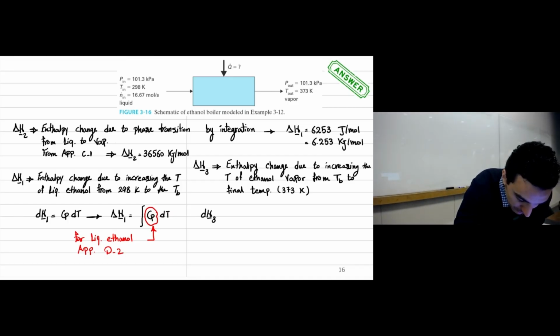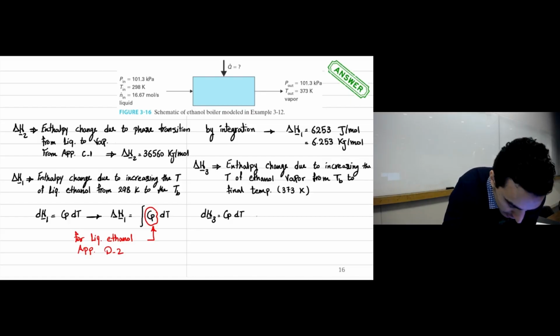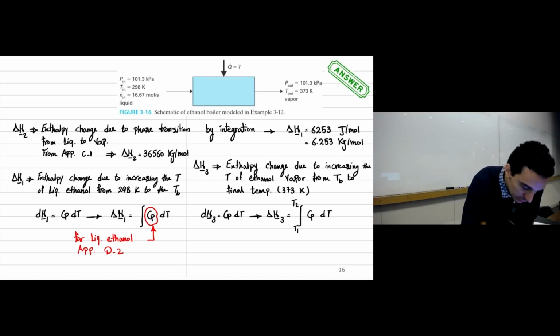So dH3 will be Cp dt by integration. So we have delta H3, the integration of Cp dt, and the integration will be from T1 to T2.